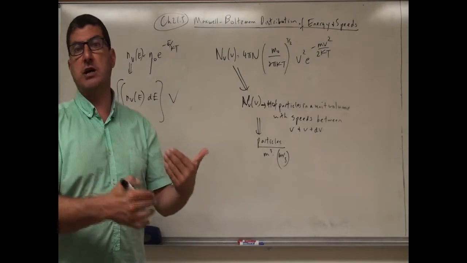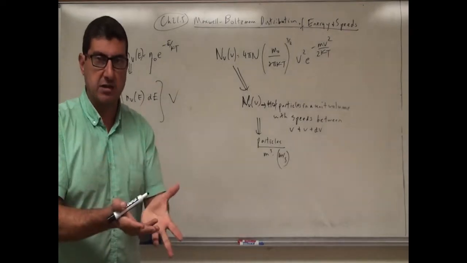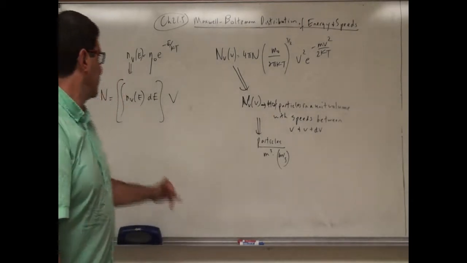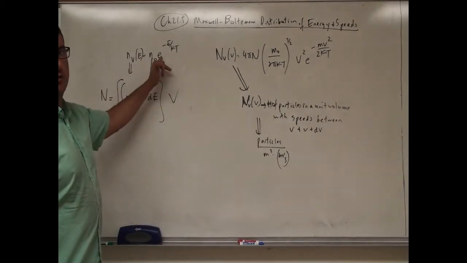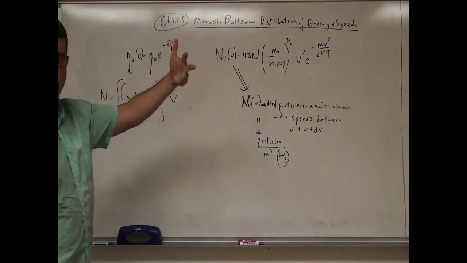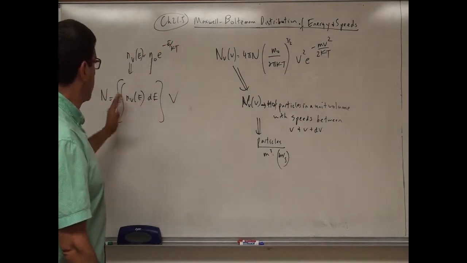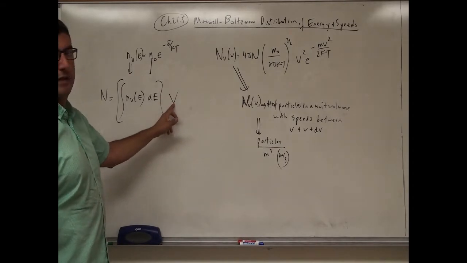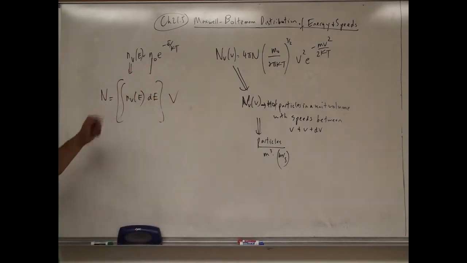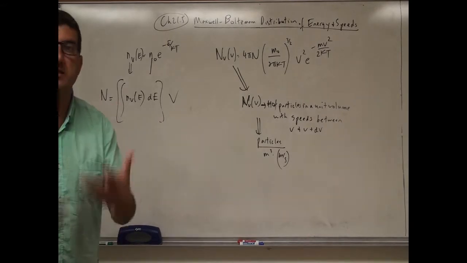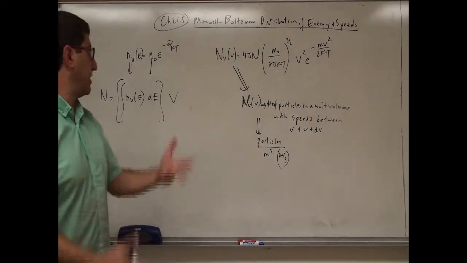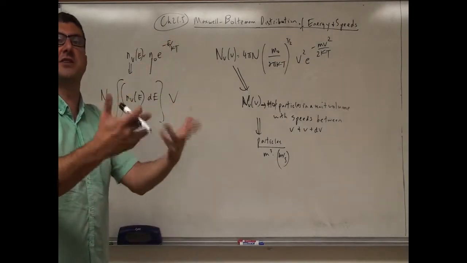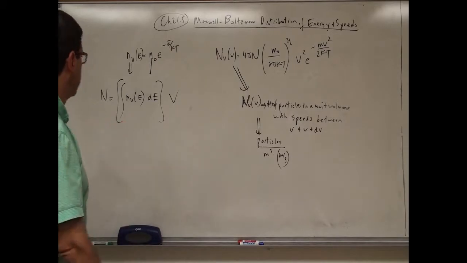A lot of the electrons will occupy the n equals 1 state, some will occupy the n equals 2 state and n equals 3, right? Then this will tell you how many electrons are occupying the first state versus the second versus the third. If you integrate along all the energies of all the states and multiply by the volume of the atom, that will tell you the total number of electrons in that atom, right? So we can apply it to a gas, we can apply it to an atom or any other system with certain energies.